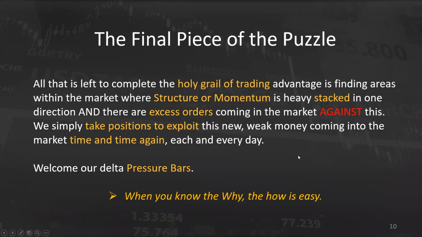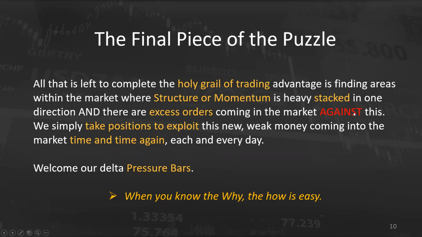And it took me several weeks, but finally it was like, oh my, this is spectacular. So here's what we've added to it. To complete the holy grail of finding traps and taking advantage of it is to find areas where structure or momentum is heavily stacked in one direction and there's an excess of orders flowing in the market against this.